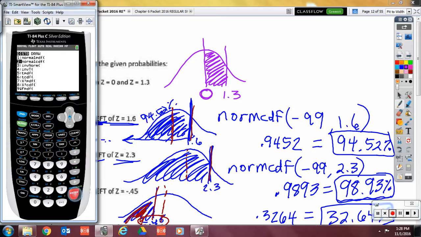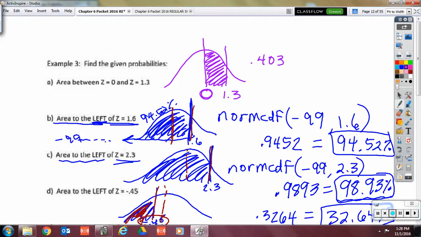The low z-score is 0. The high z-score is 1.3. Okay? And so that is 0.4032. So that's 40.32% of the data is in between that.